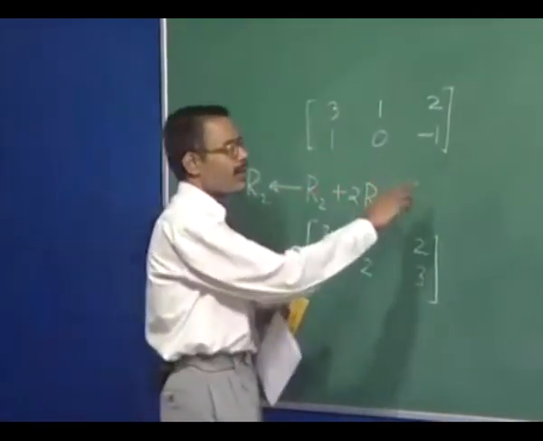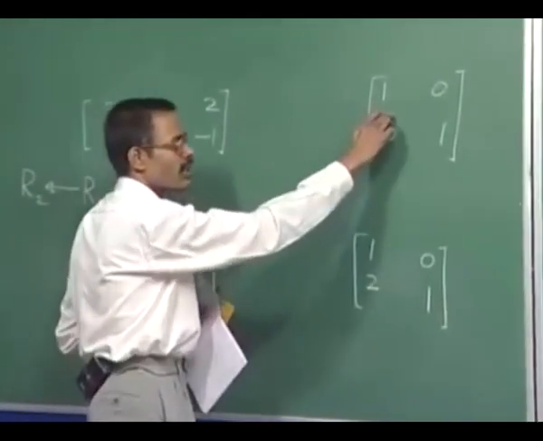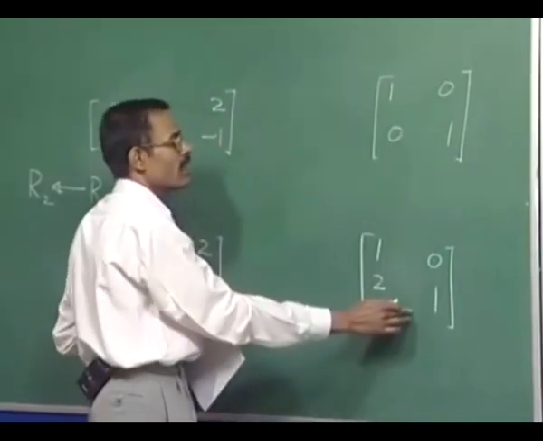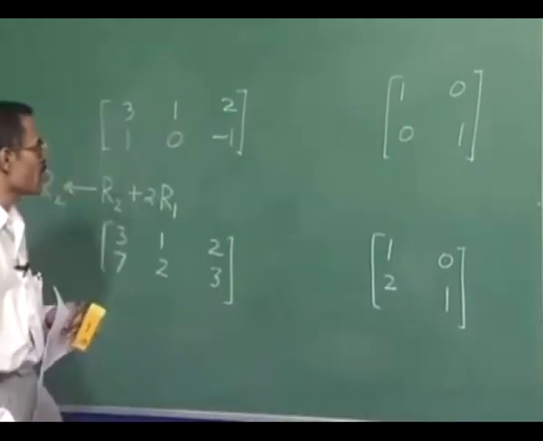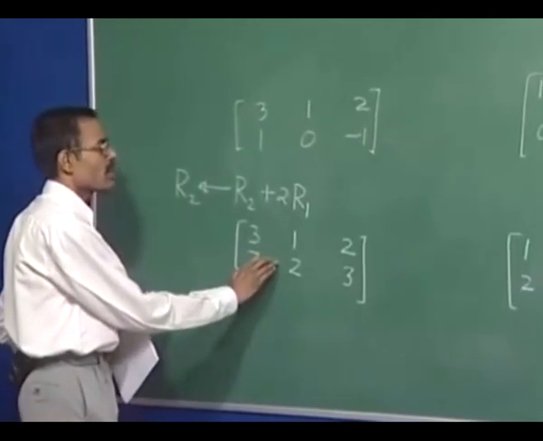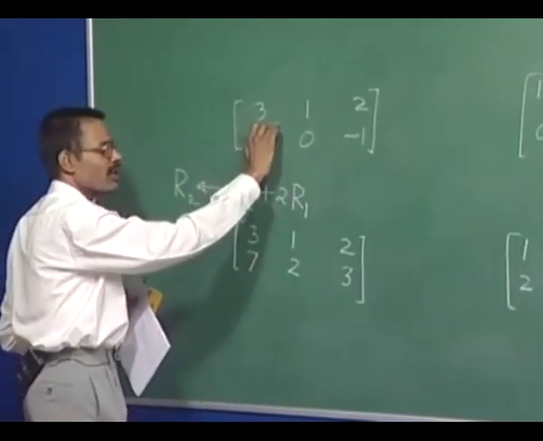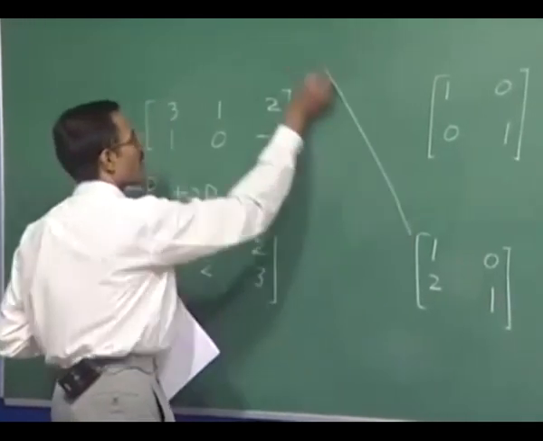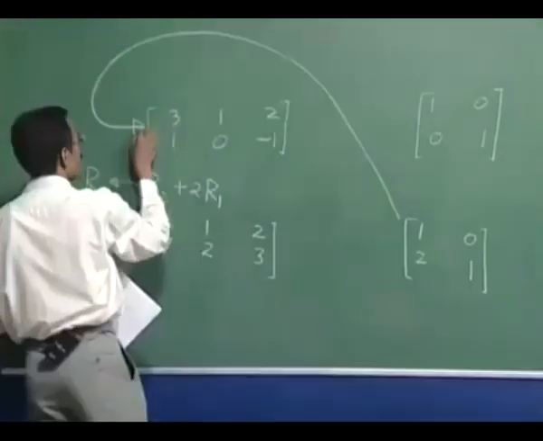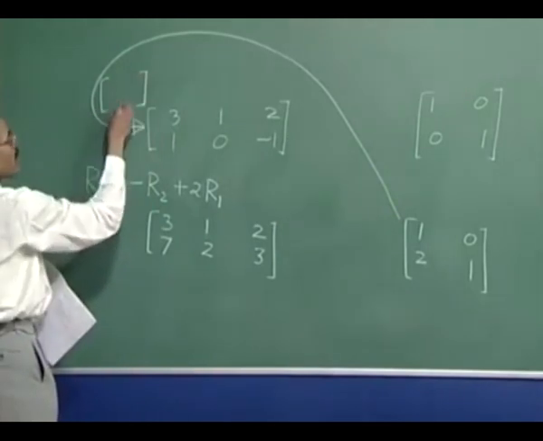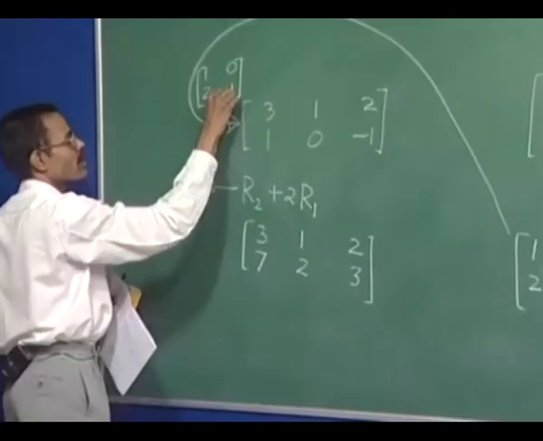Now, if we have applied the elementary row transformation to the identity matrix of the appropriate size and got this, then it would also be possible to get this same matrix not through a direct application of the elementary transformation on this matrix, but by pre-multiplying this matrix here. I am reproducing it here for convenience.